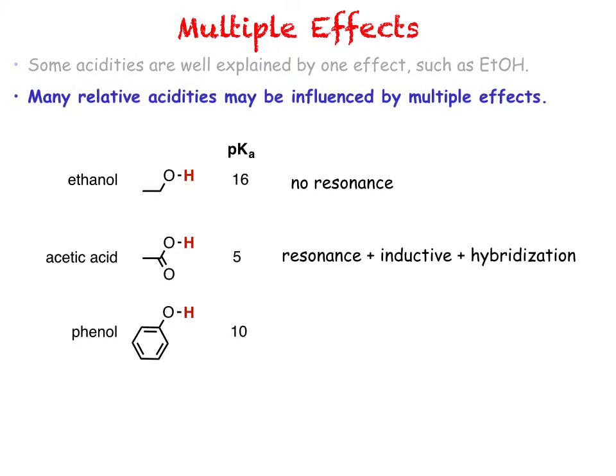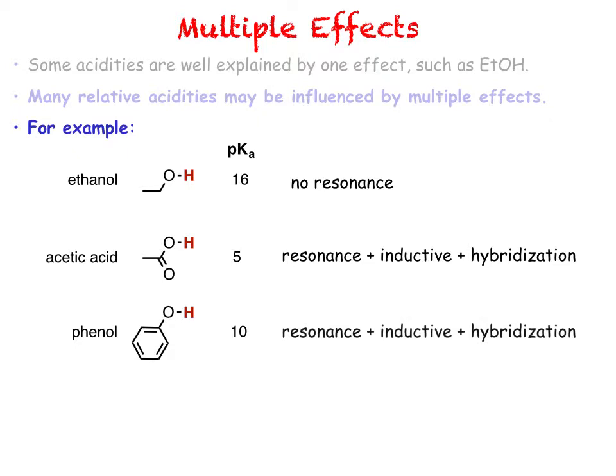But if we look at the acetic acid below, the conjugate base is stabilized by resonance, but there's also an inductive effect going on because of the electron withdrawing carbonyl. There's a hybridization effect going on because the oxygens' hybridization is different because of the resonance forms. Come and ask me about this if you'd like to talk about it some more, but it's not so critical. We won't be asking you to analyze these kinds of issues on exams.